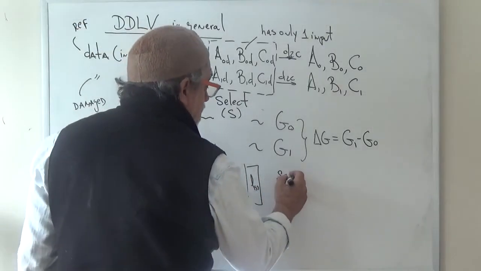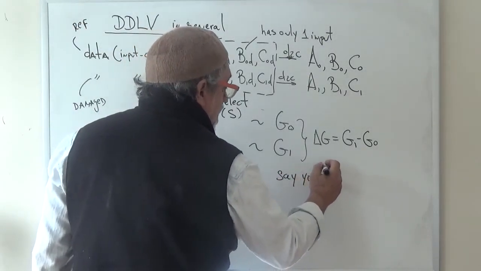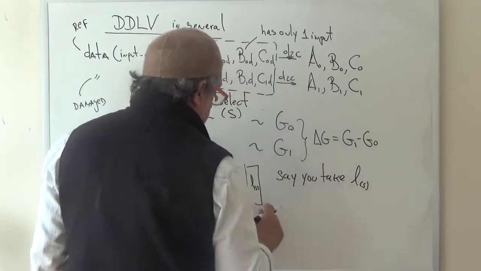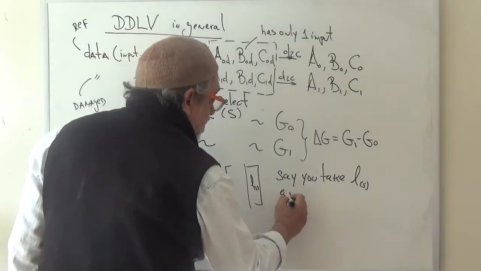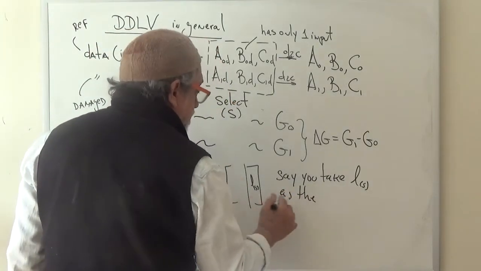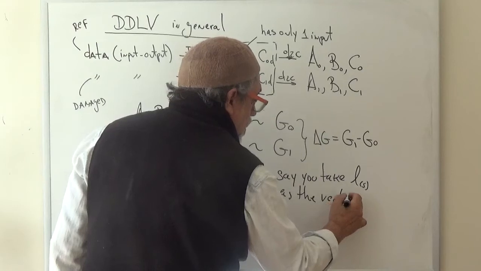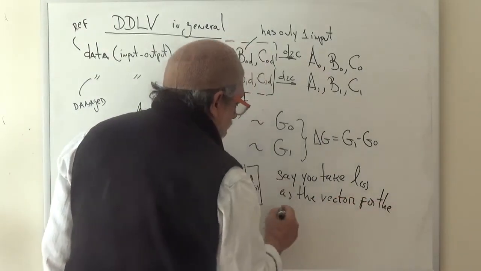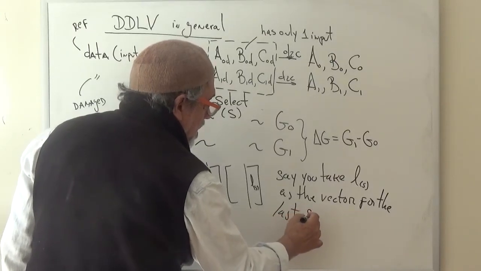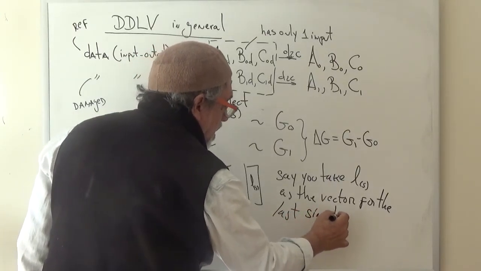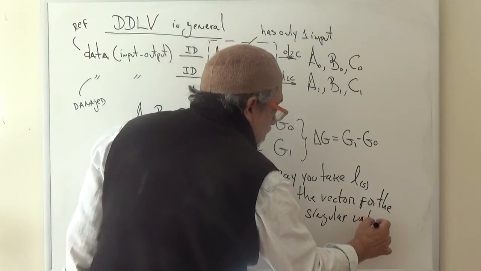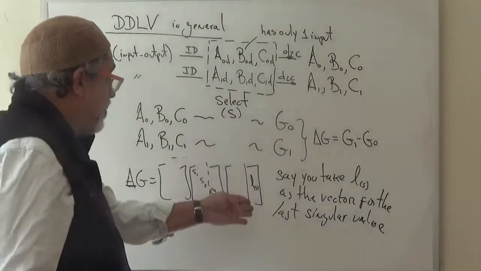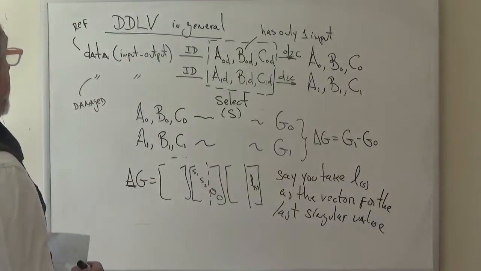But say you take LS as the vector for the last singular value only. So that's the selection I'm making here. So you take the last vector here, and that's your LS.